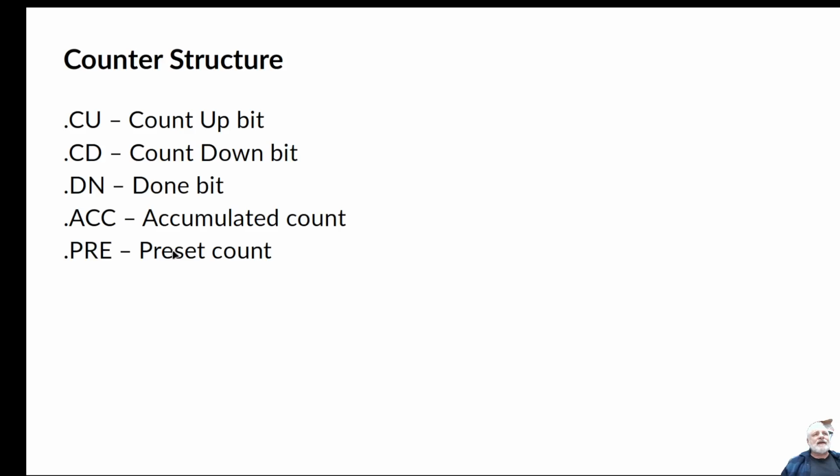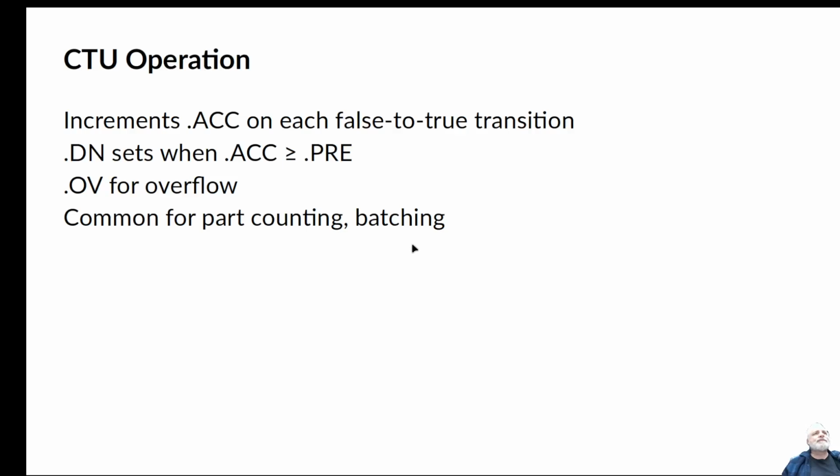So we have basically 5 bits here. We have a CU, which is a count up bit, which tells it that you want the counter to count up, and then we have a count down bit, and then we have the done bit. The done bit is when it's reached the preset value. And then the accumulator is the current count.